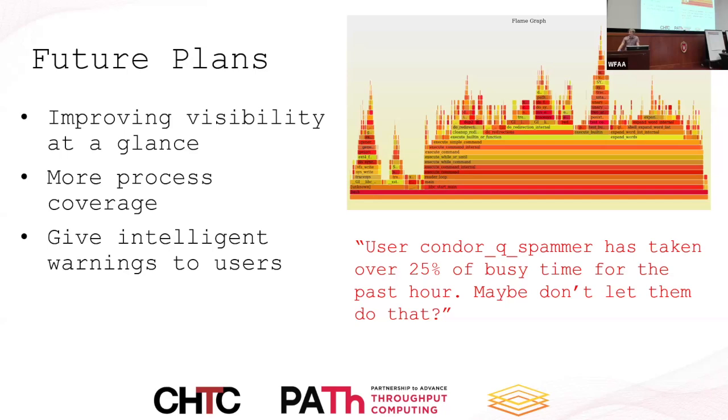So I was actually thinking along similar lines. So the SCHEDD already has a notion of how overall busy it is. It's called the recent daemon core duty cycle. This is how much time it is handling events versus how much time it is sitting around doing nothing. And we have found that the SCHEDD is responsive and everybody's happy until the duty cycle gets to like 99% or above, then things go down quickly.